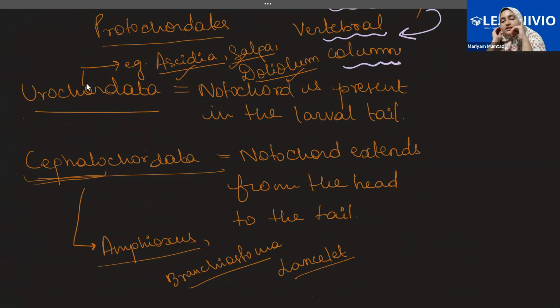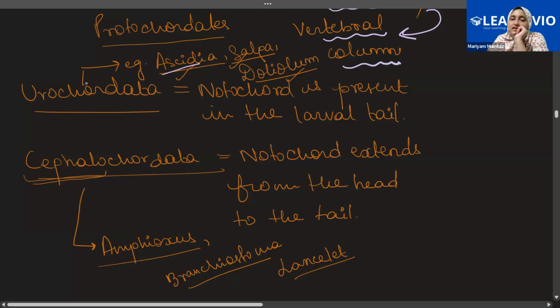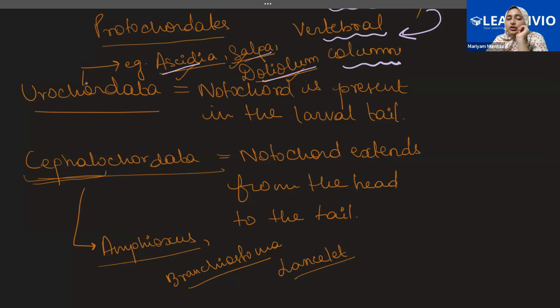Or tunicates. Another reason they are called tunicates is because they have a layer surrounding them that looks like a dress, an outfit. The members of Urochordata are Ascidia, Salpa, and Doliolum. I will give you more to write under Urochordata, so don't worry about that. Then there is Cephalochordata.